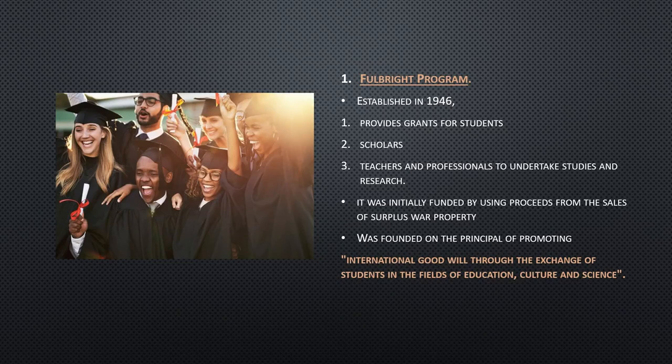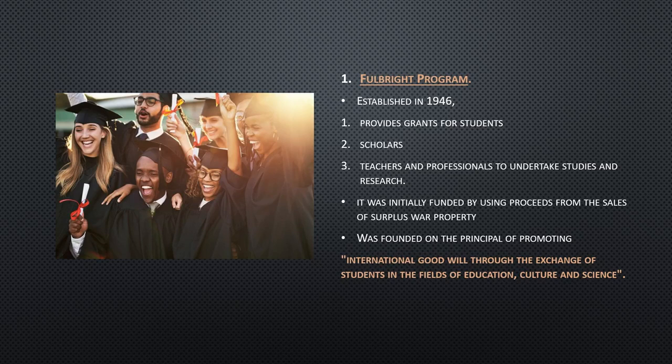One of the most famous international exchange programs that facilitates and encourages international student migration is the Fulbright program, which was established in 1946 and provides grants for students, scholars, teachers, and professionals to undertake studies and research.